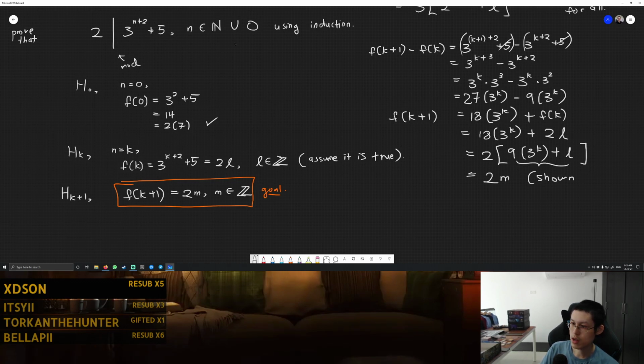So shown. Ta-da! Okay. So now we have to write our conclusion here. So therefore, f(n) equals 3 to the n plus 2.